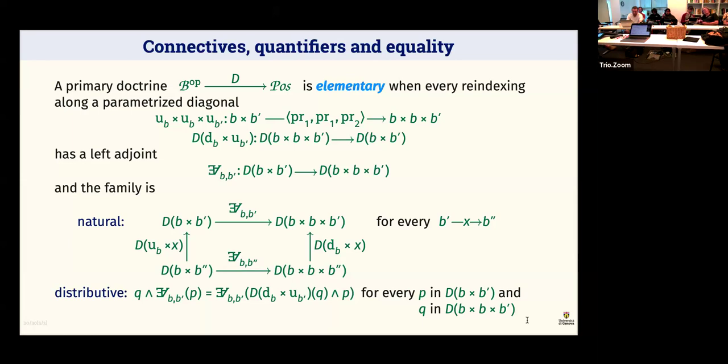Also, the next condition, which is called elementary, requires again left adjoints to certain appropriate monotone functions, and that's the notation for the left adjoint. Again, they have to satisfy a naturality condition and a distributivity condition. In both cases, this would be a particular example of the Beck-Chevalier condition, and this would be Frobenius reciprocity.